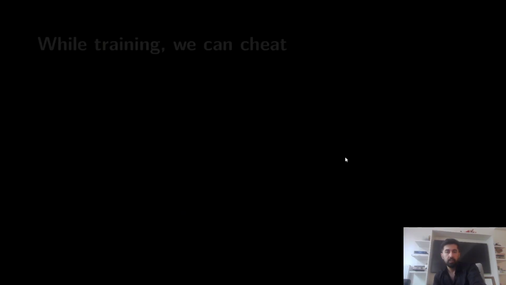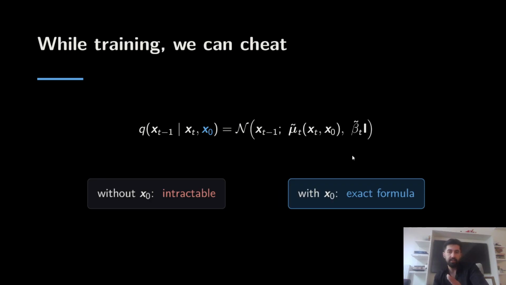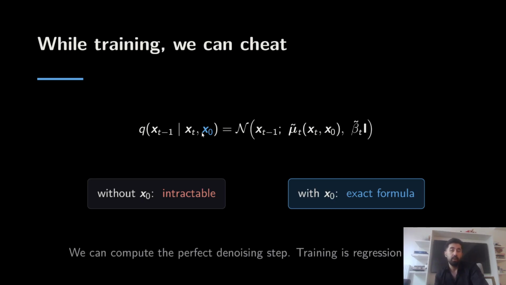Now, while training, we can cheat actually. We have x0, and we train the network to get x0 given a blurry image xt minus 1. However, after we finish training, in inference, we start from pure noise, and from pure noise we try to generate an image.